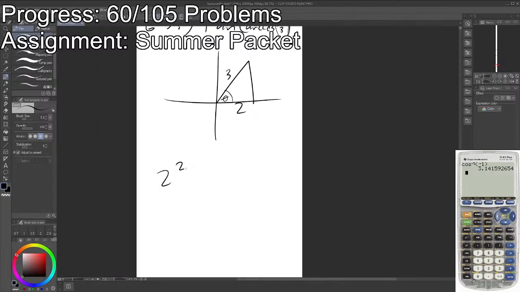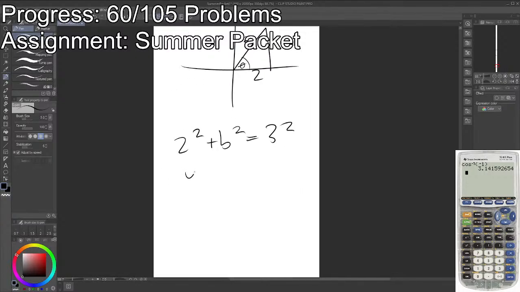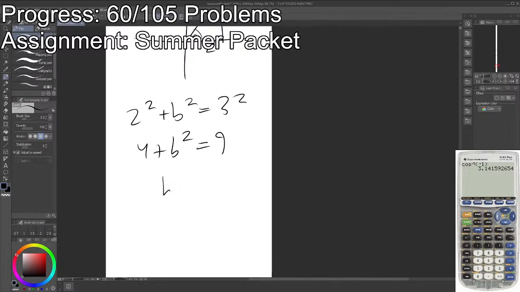So 2 squared plus b squared equals 3 squared. 4 plus b squared equals 9. B squared equals 5. Whoops. B equals square root of 5. And yeah, that's it.